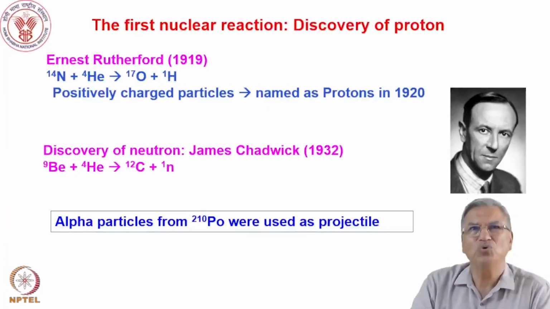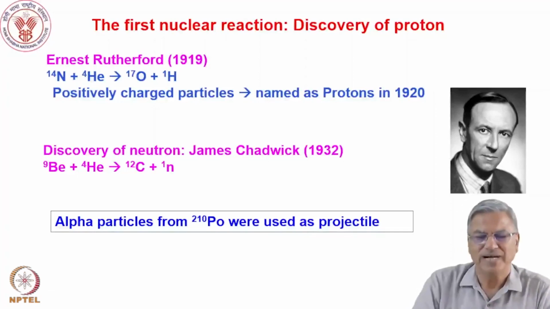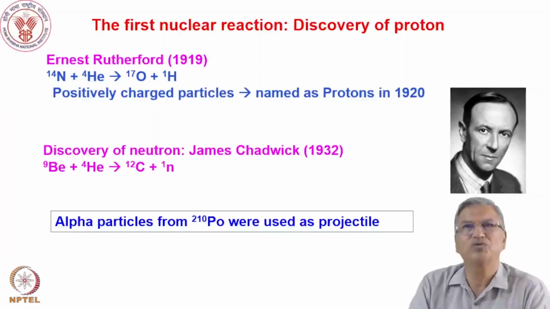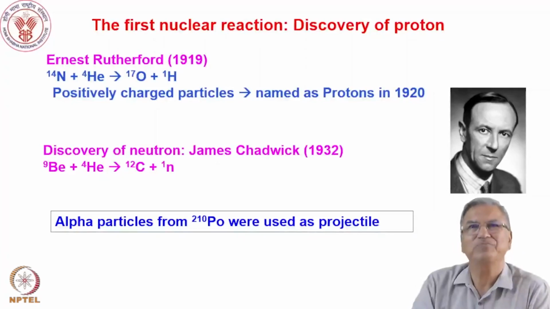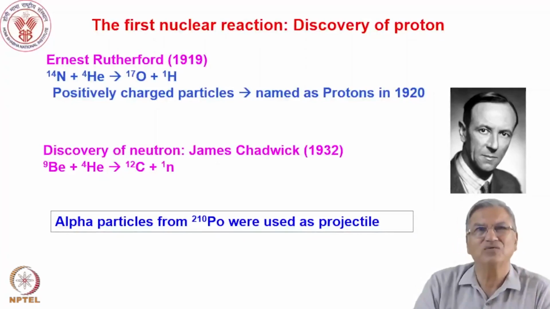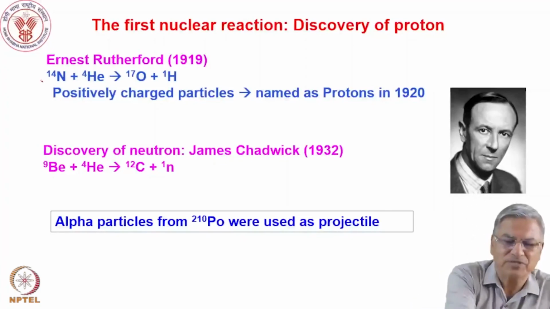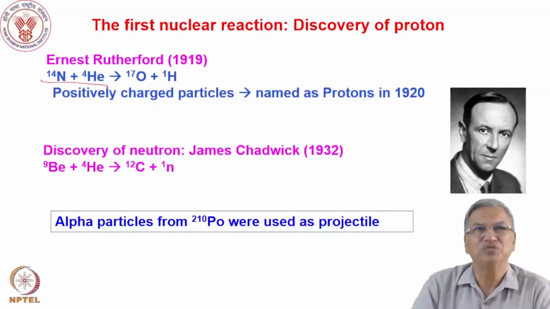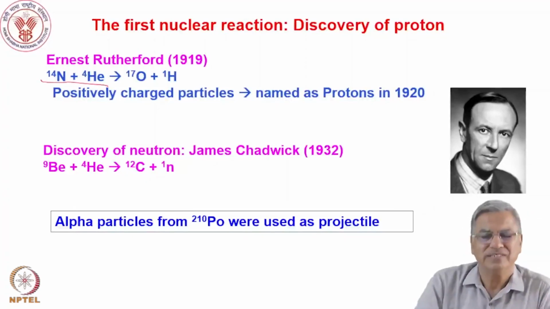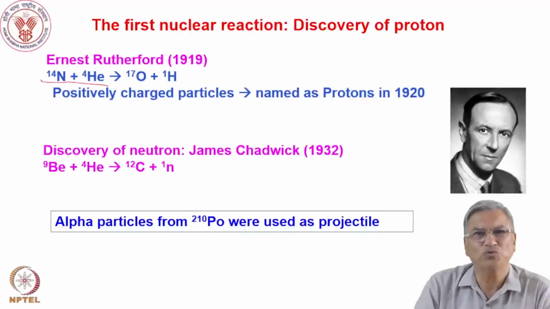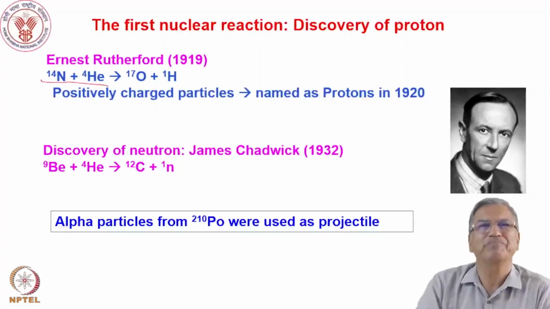Maybe already you know that the first nuclear reaction was carried out by Ernest Rutherford in 1919. That is the reaction which ultimately led to the discovery of the proton. Rutherford bombarded the nitrogen-14 target using the alpha particles that were available from the naturally occurring radioisotopes of radium and polonium.